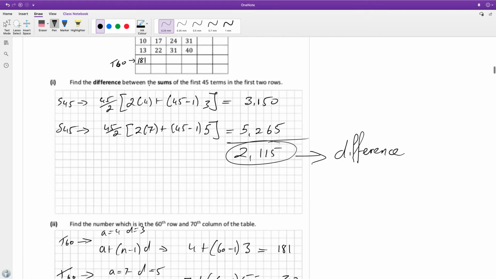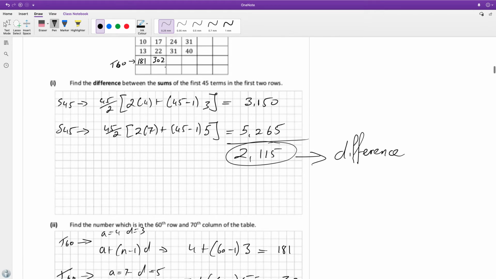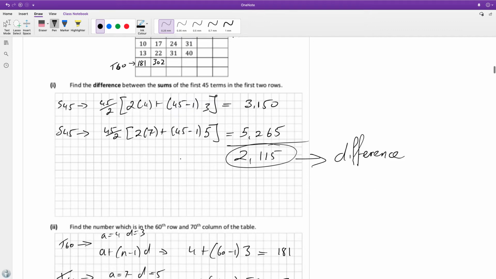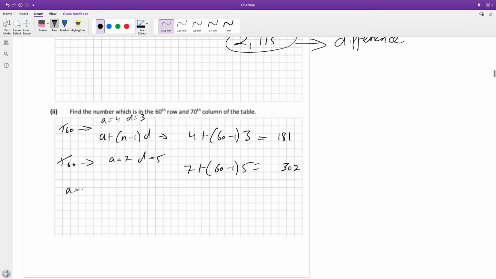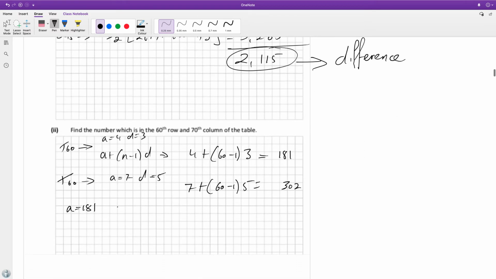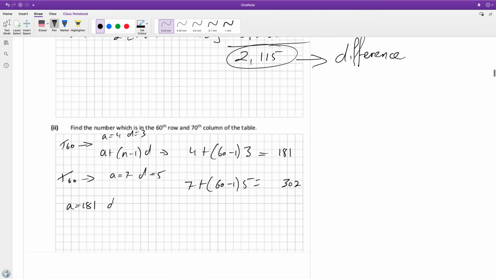So we're here, and the first one is 181. Second one is 302. So we got our first term and we got our second term, and we want to go all the way out here to our 70th column. So A is equal to 181. What's the difference between 302 and 181? 121.